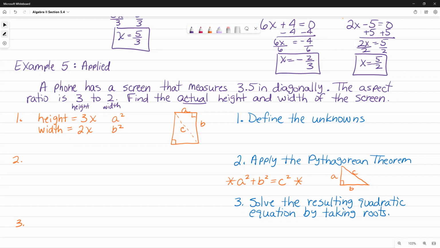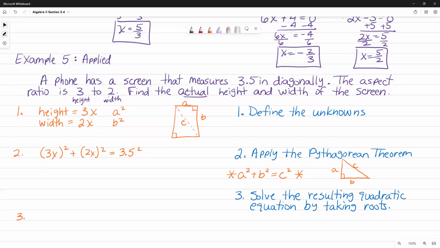So we have the height, so 3x, now be careful, the entire 3x is being squared, plus 2x squared equals 3.5 squared. So I'm going to go ahead and simplify it, and then we're going to solve the quadratic equation by taking roots.